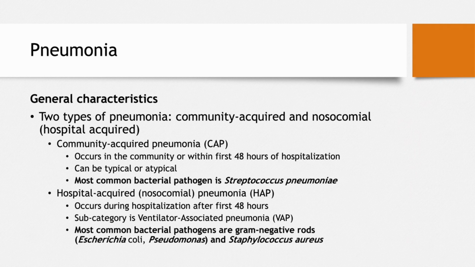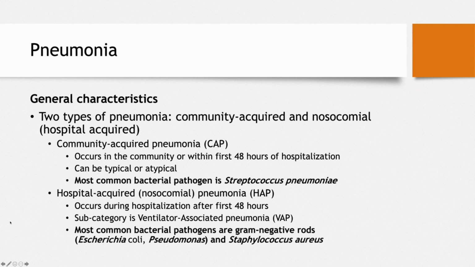And the reason why we really care, or one of the reasons why we really care, is because hospital-acquired pneumonia tends to have more virulent pathogens, harder to treat, more resistant, and the population tends to be sicker at baseline. When we talk about community-acquired pneumonia, it can be atypical or typical, and we'll go into that a little bit further later on.